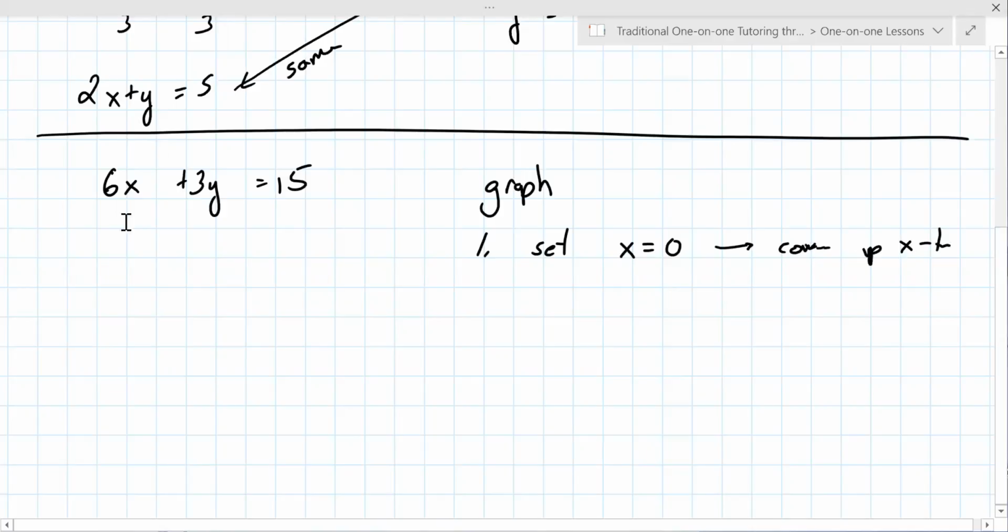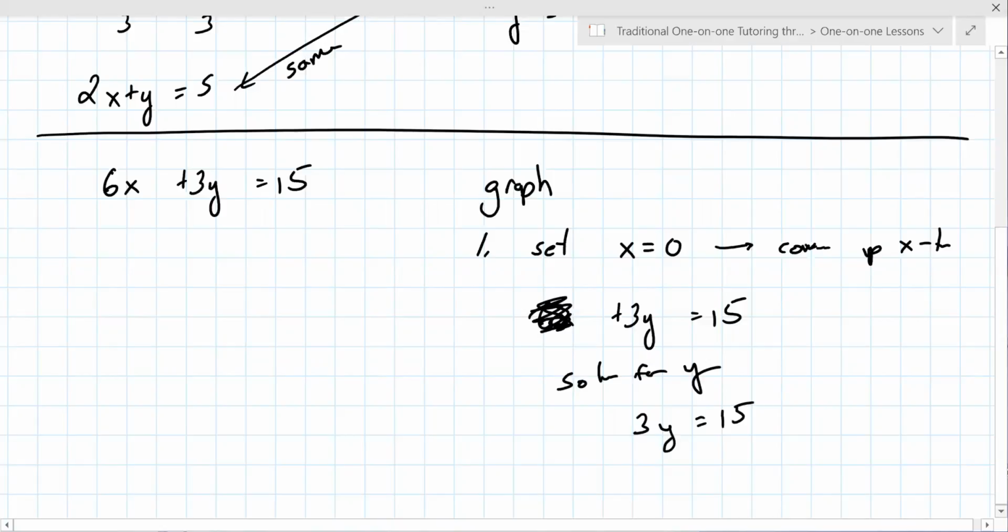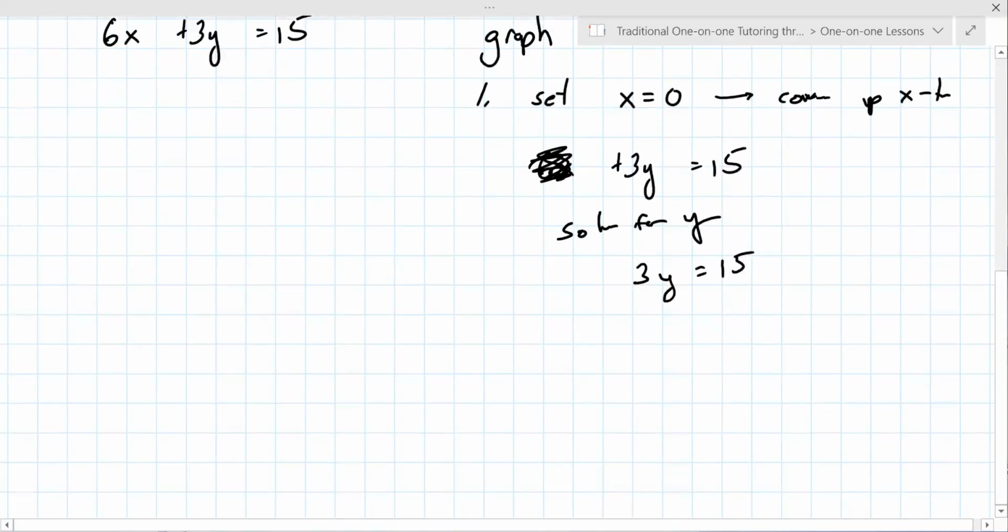So let me copy this over here. You get rid of that, and then you solve for y. So in order to get y, you just get rid of x, because when x is 0, 6 times 0 is 0.